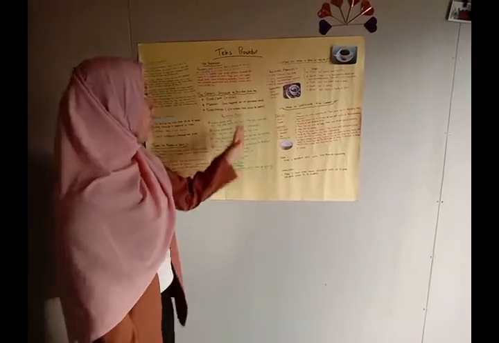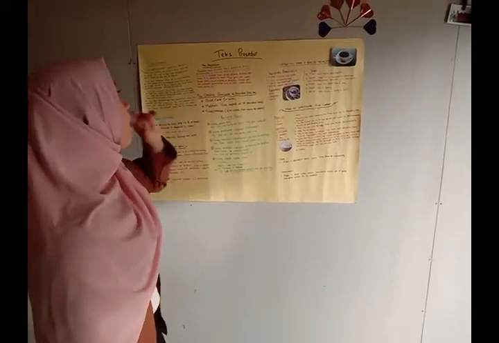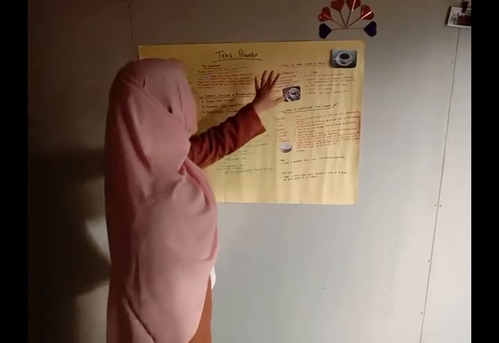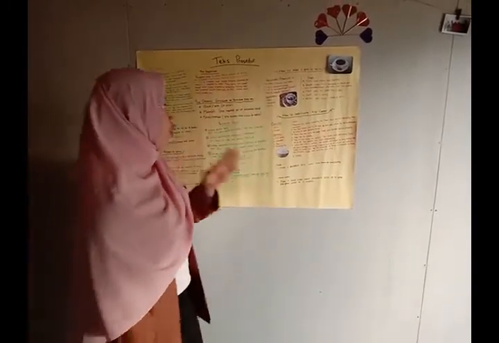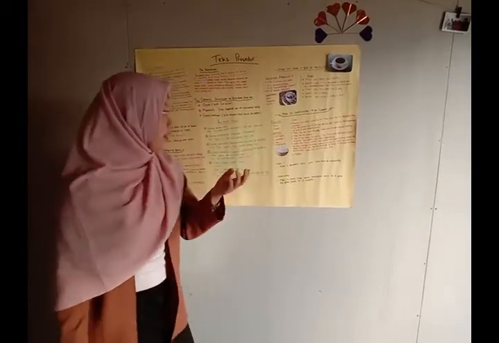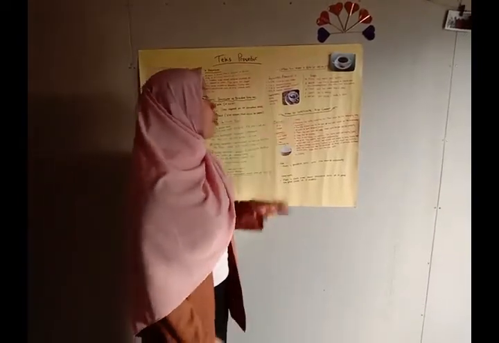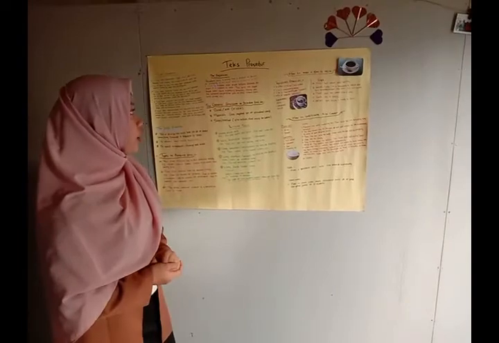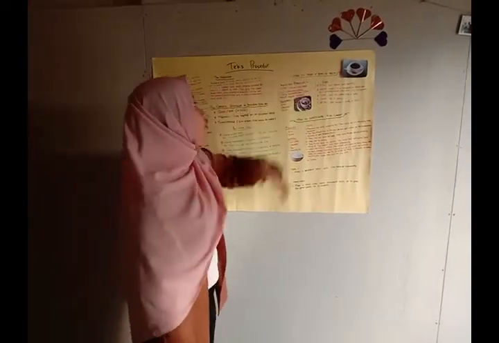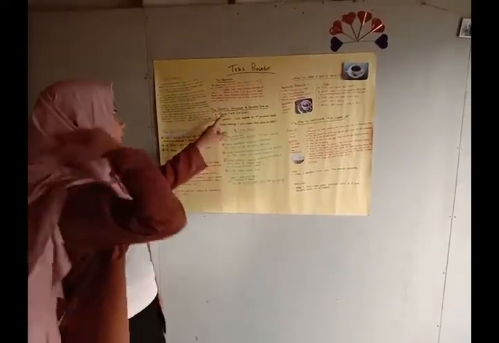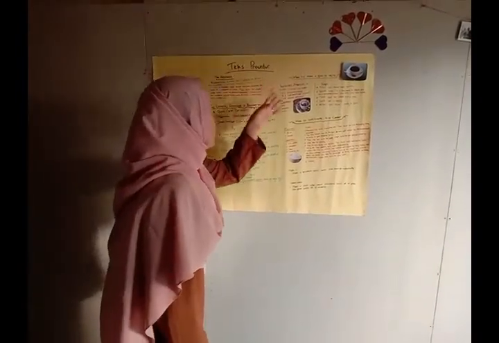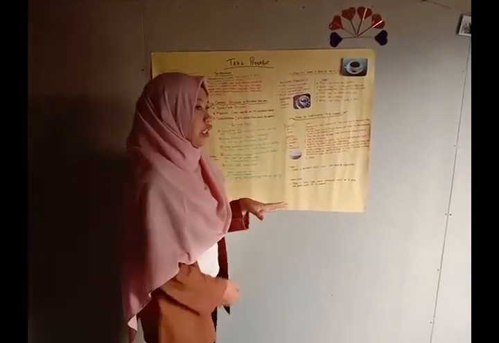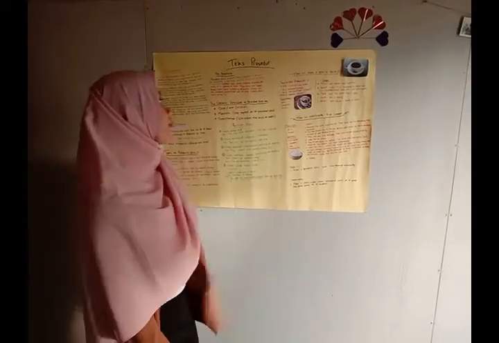And here I have two examples of the tag procedure. The first, how to make a glass of coffee, and the second, how to cook rice using rice cooker. How to make a glass of coffee here as the goal or the title, ingredient and equipment as the materials, and the step.